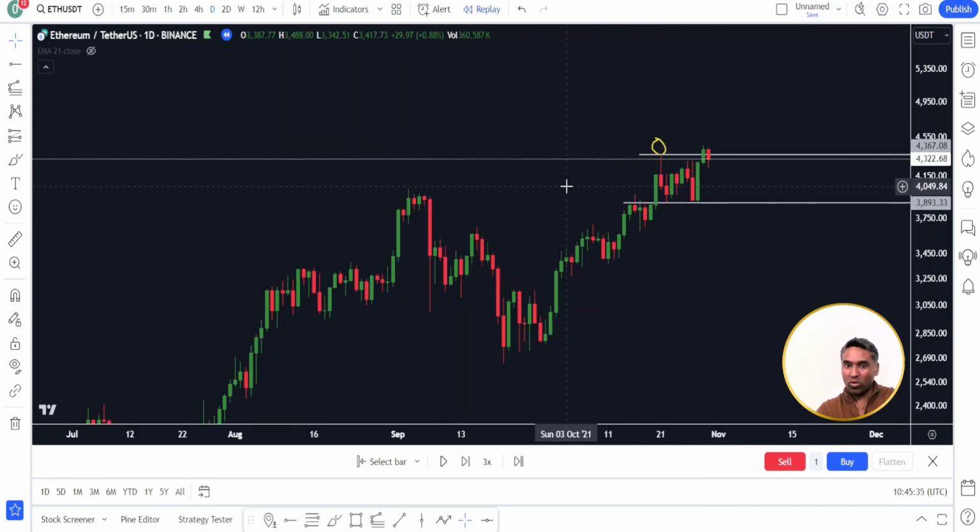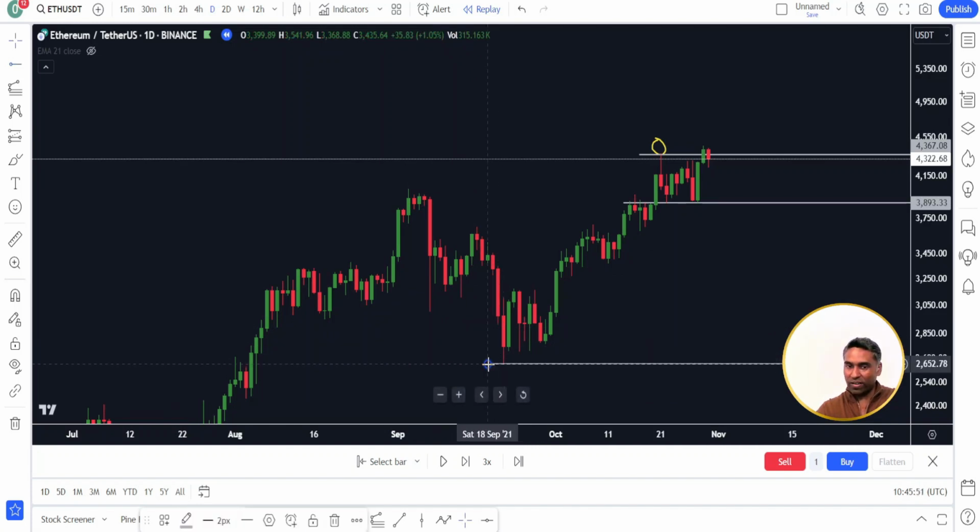This is how I draw my levels. If this was a downtrend, how I would draw my levels then? Because in the downtrend, we have to trade to the downside. So for example, this one, this was a high, this was a low, this was a high, this was a low. So the recent low is this one. So I will draw a line here, and the recent high is this one.